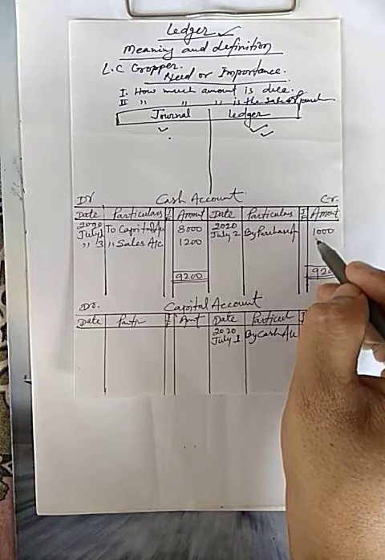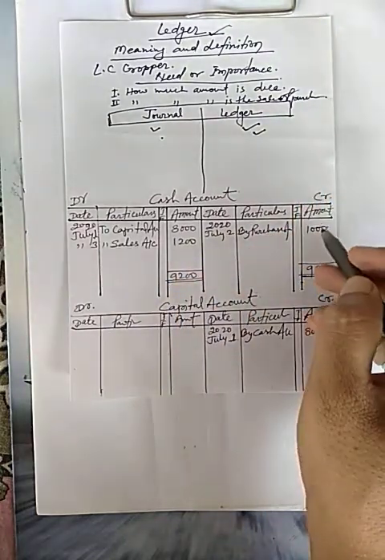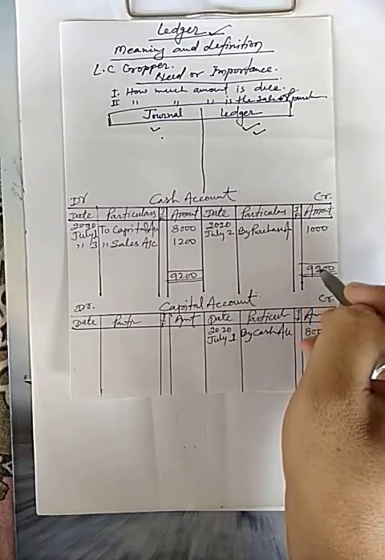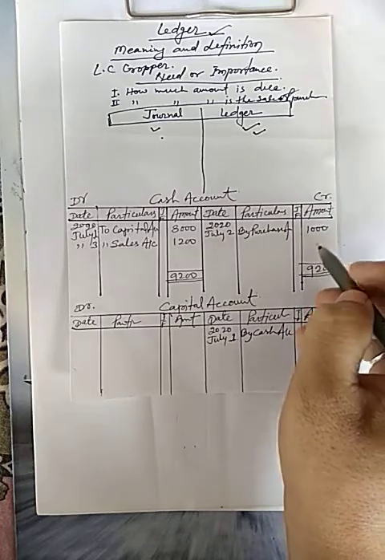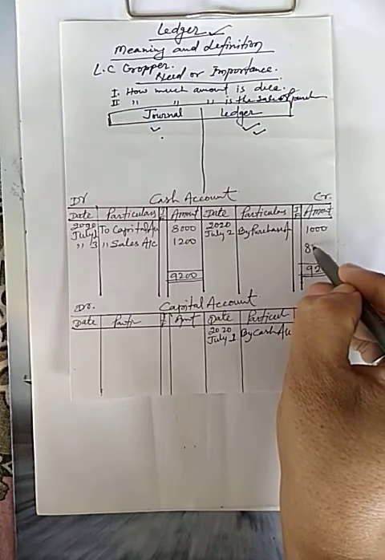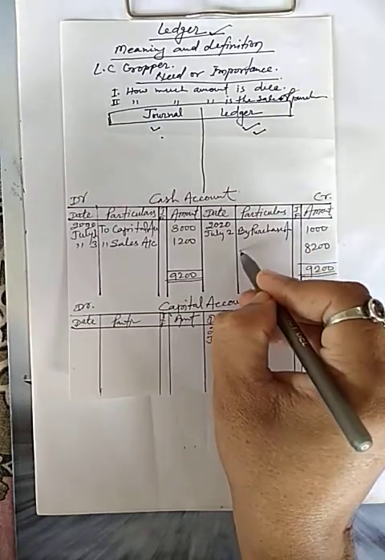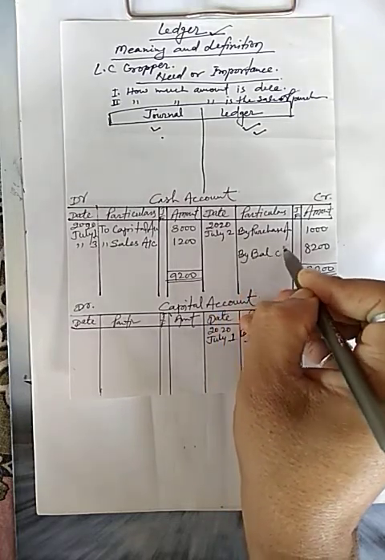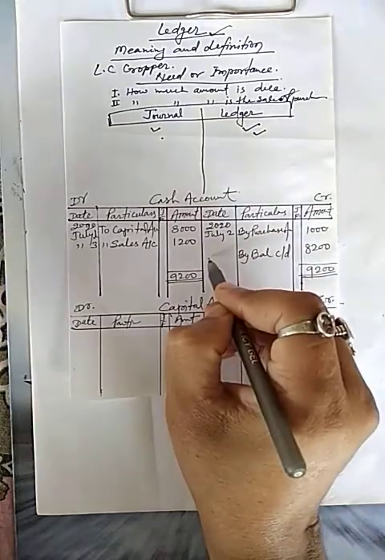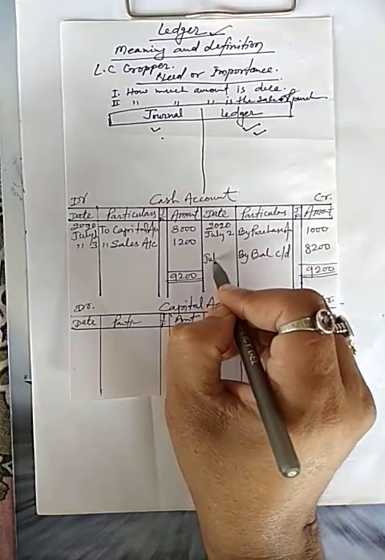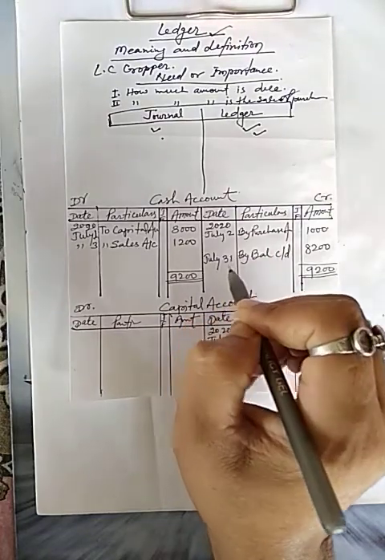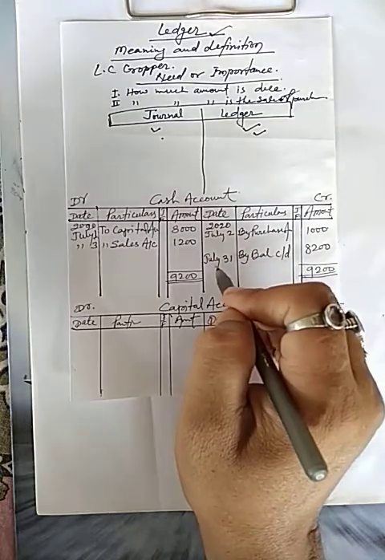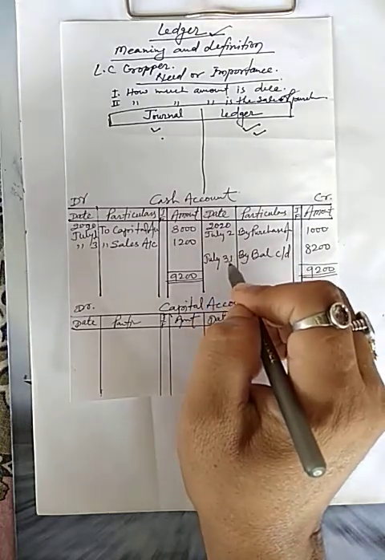Credit side only 1000 is showing, so when I deduct 1000 from 9200, it will be 8200, and it will show by balance c/d, carried down, on July 31st. It means the last date of this month.